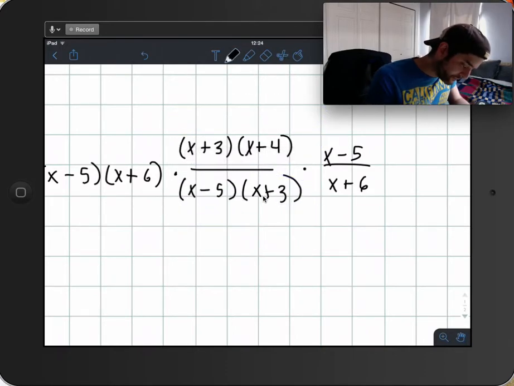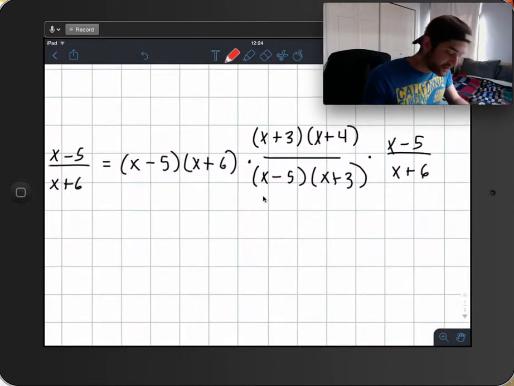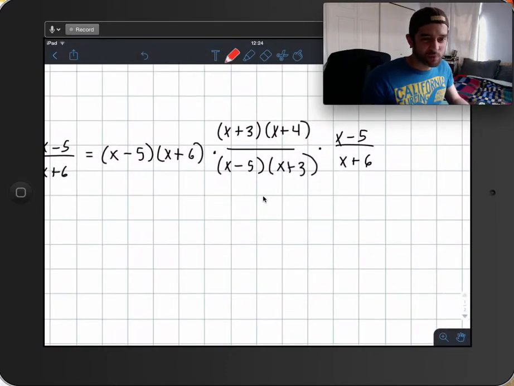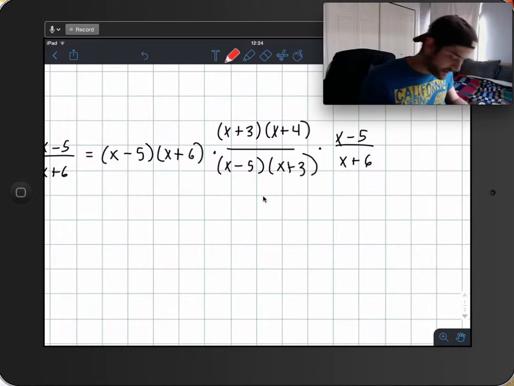And now we can either multiply everything together, and because one of them doesn't have a denominator, that might not be a bad idea in this case.